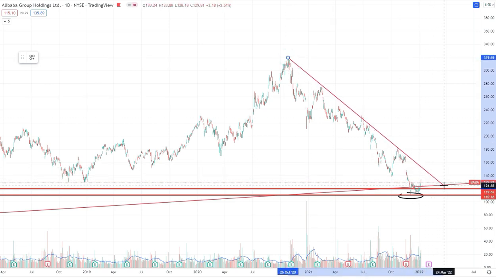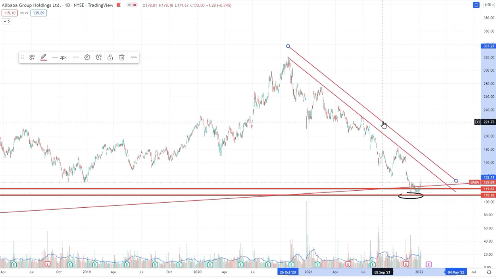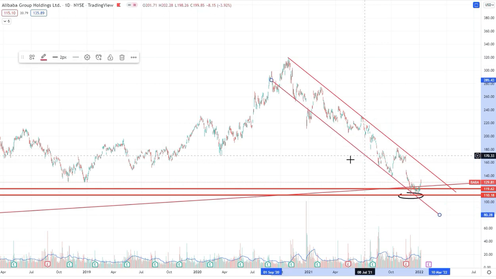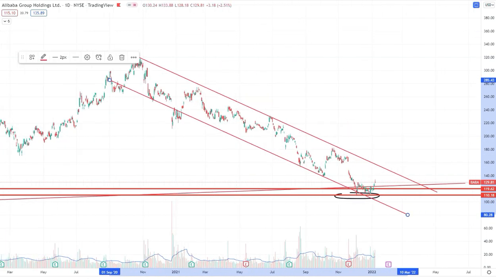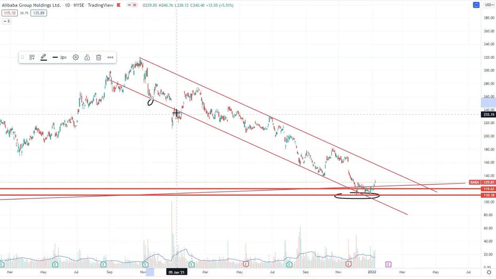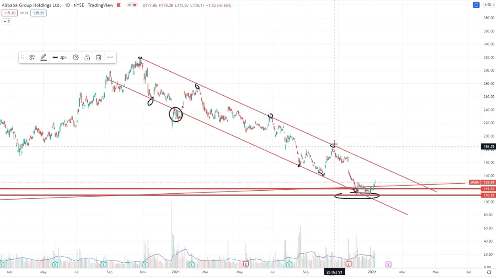Let's draw a parallel line to create possibly a channel, and we see that this is pretty well respected, because we have this false down breakout here, then here, and then this high, 1, almost 2, 3, almost 4.